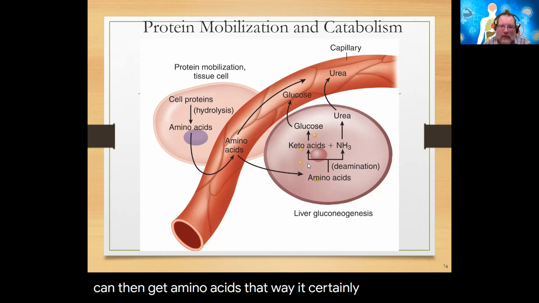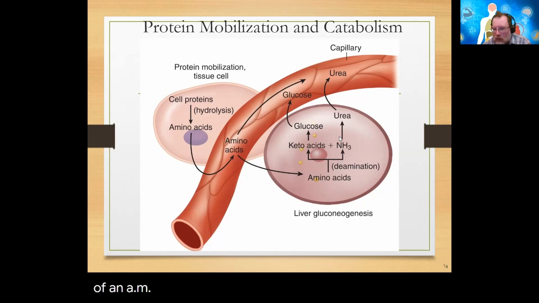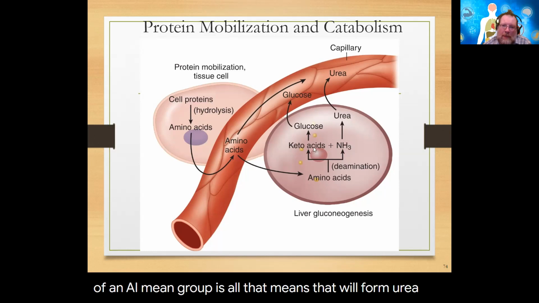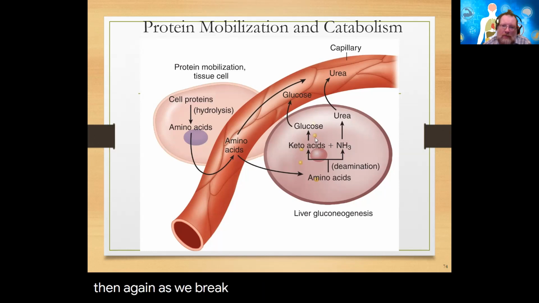And certainly the liver, through ketones and deamination of amino acids, getting rid of an amine group is all that means. That will form urea. And then again, as we break down amino acids, we're going to get ketones. This is out of that keto diet. People consume excess amounts of amino acids or proteins.